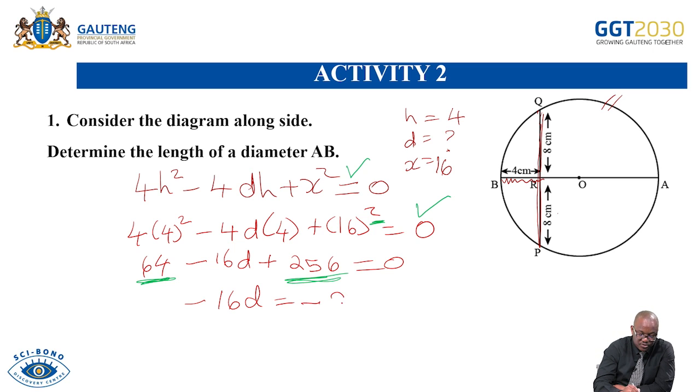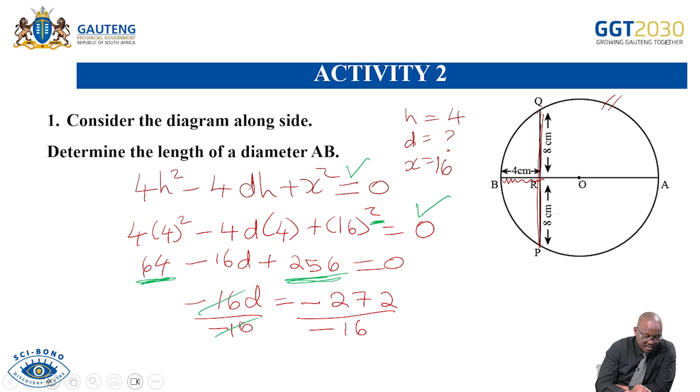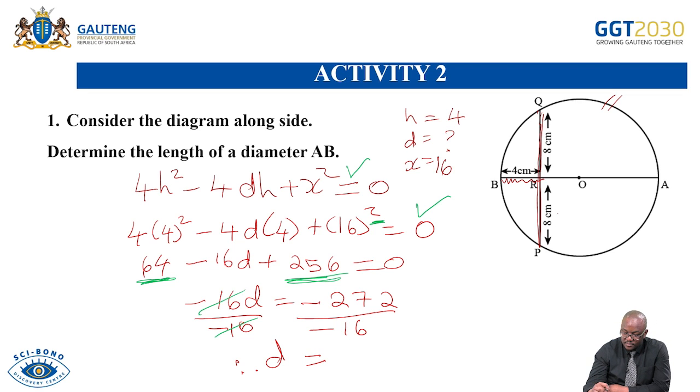So you transpose 272 to the right hand side. It will be negative. Then because we are looking for d, you get rid of your 16 by dividing both sides by negative 16. So in this case, therefore, our diameter is going to be 17.